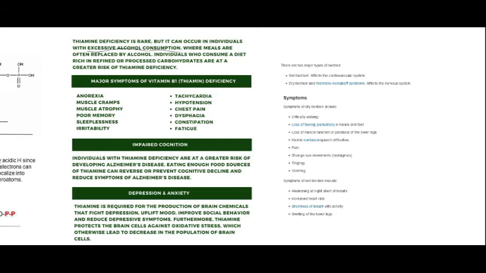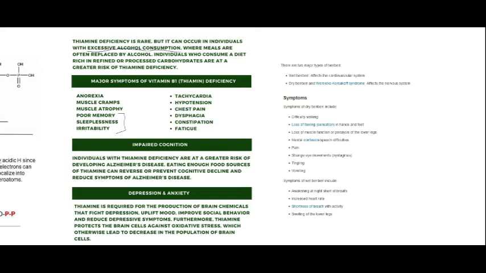So as this says here, where meals are often replaced by alcohol. So these are some of the symptoms of it here. So anorexia and muscle cramps and atrophy. It can have effects on your mood and things like that. Tachycardia, so that's an abnormal heart rhythm, hypotension, low blood pressure, chest pain, so on.